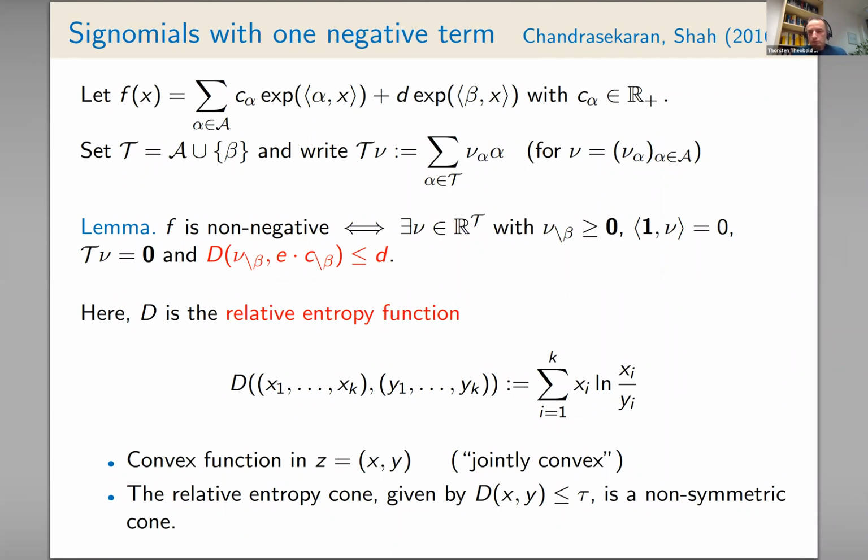There are software tools with which you can actually compute with this relative entropy cone. It's a non-symmetric cone, so therefore it has only really been investigated in the last 10 years or so, whereas the symmetric cones, like the positive semi-definite cone and so on, have been investigated for meanwhile 30 years. But one can actually compute with this cone. This is important.